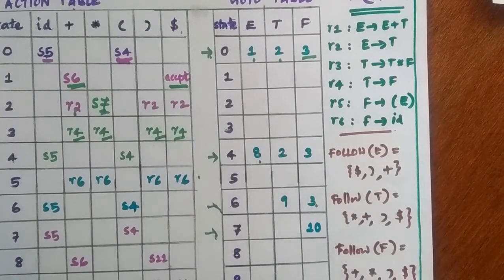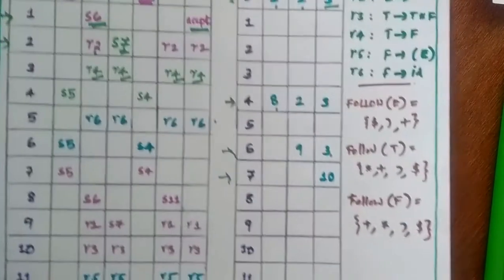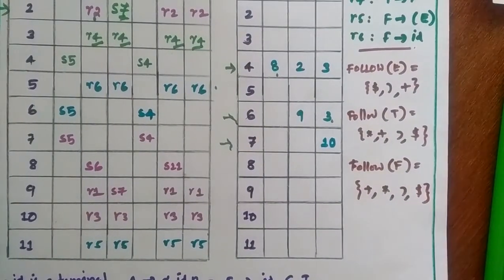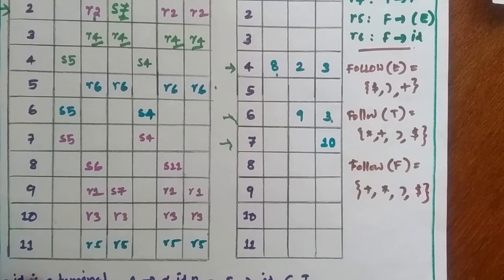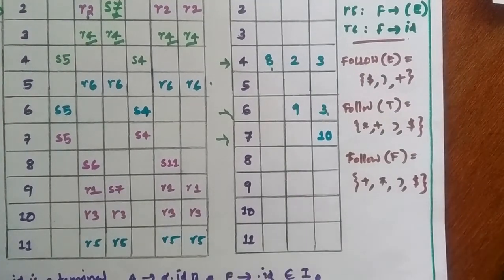So you can say that the given grammar is an SLR(1) grammar. The grammar is valid for constructing the parsing table, so we can use it to construct an SLR parser using this parsing table.